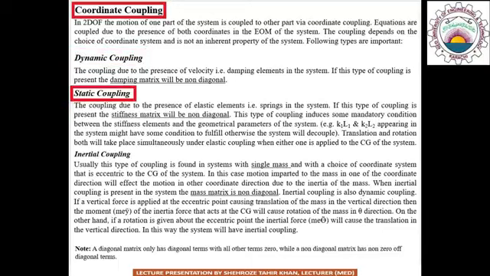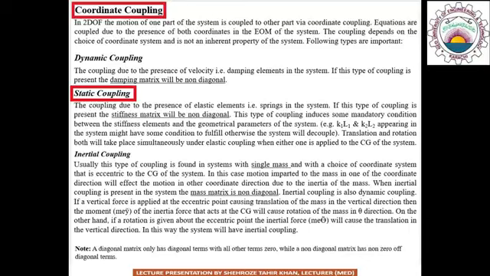For static coupling, the system involves the presence of elastic elements, that is, spring elements in the system. This type of coupling produces some necessary conditions between the stiffness elements and the geometrical parameters of the system.